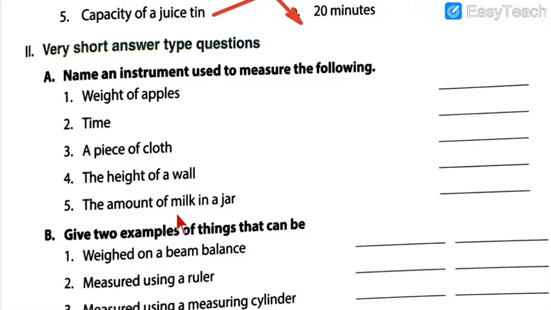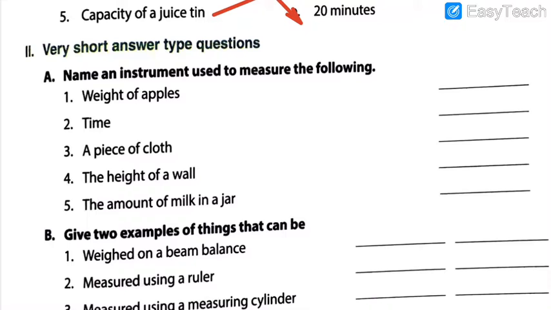You will have to name the instrument. Weight of apples. They are not asking about kilogram or gram. They are asking which instrument is used to measure how many kilograms or grams they are.